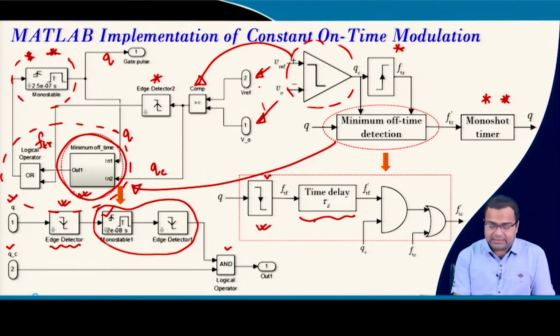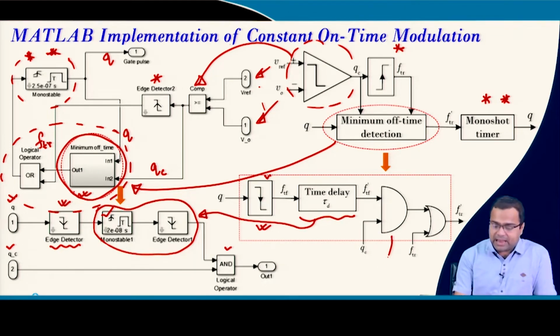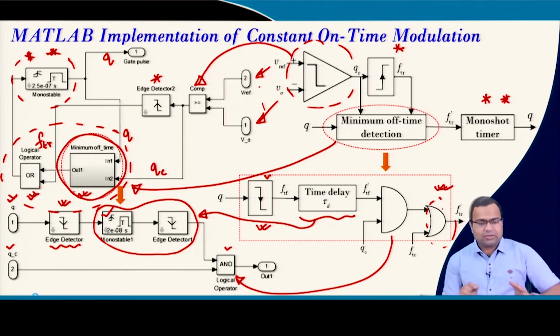This is how my delayed signal is realized. Then this is the AND gate, and the overall thing is ORed here. That means this is our OR signal. So, with this we can implement it in MATLAB, and I will show you how to realize it.